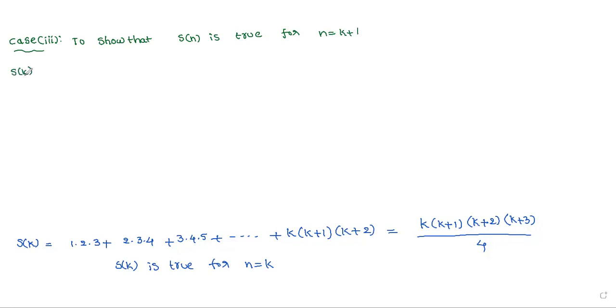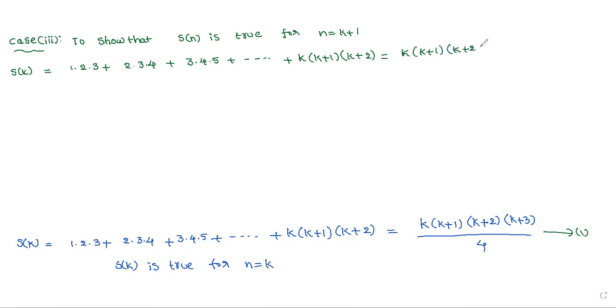So write equation 1 again. S of k is equal to 1 into 2 into 3 plus 2 into 3 into 4 plus 3 into 4 into 5 plus and so on plus k into k plus 1, k plus 2 is equal to k into k plus 1, k plus 2, k plus 3 by 4.